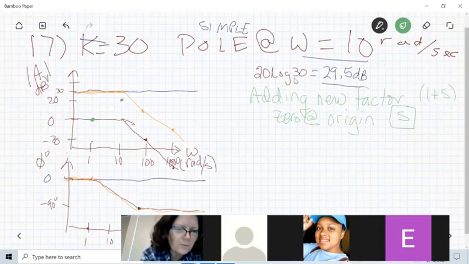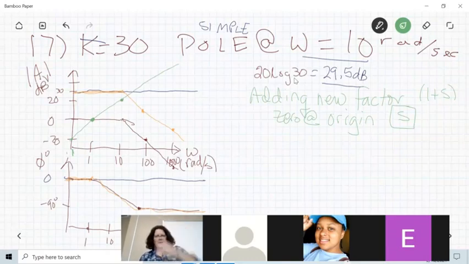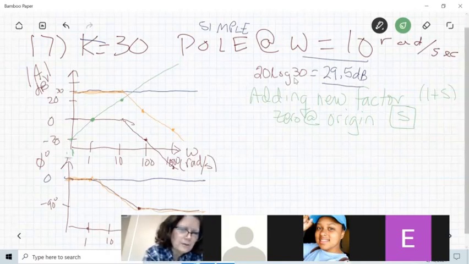So if this was 0.1, there's really no 0 point on here. It's logarithmic. It has a graph that looks like this. Zeros at the origin, I go back to my chart, have a constant phase shift of plus 90 degrees.